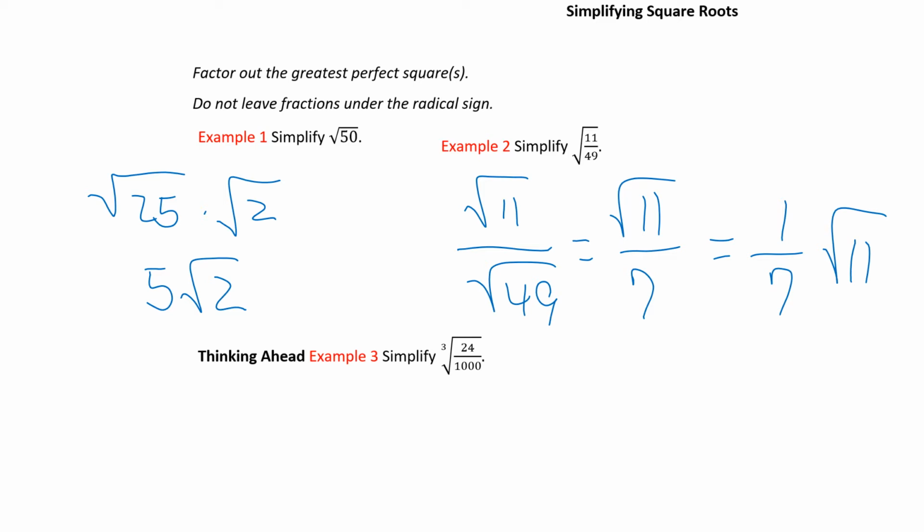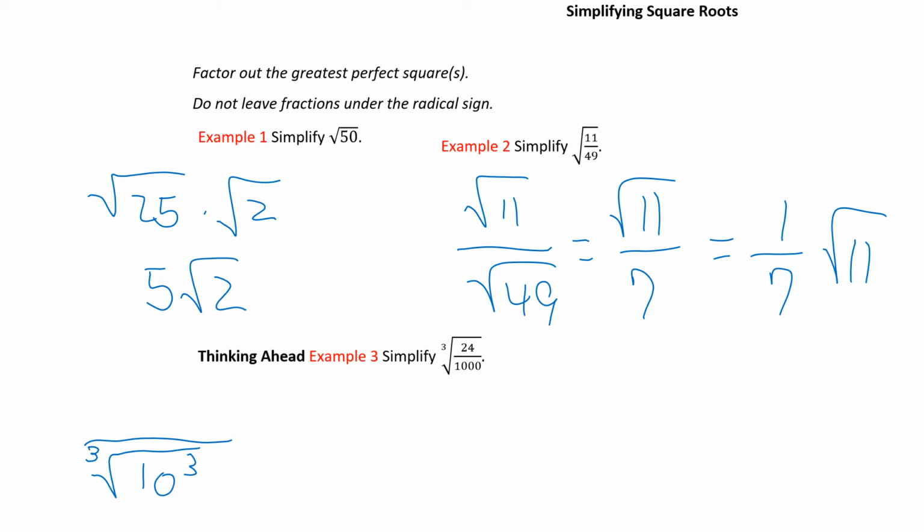But another way to think about it is that 24 might have a perfect cube in it. 1,000 might have a perfect cube in it. So I'm going to make the suggestion that we start to break things apart. And I recognize that in the denominator, the cube root of 1,000 is like the cube root of 10 cubed. So that helps me to see how we're going to simplify that.